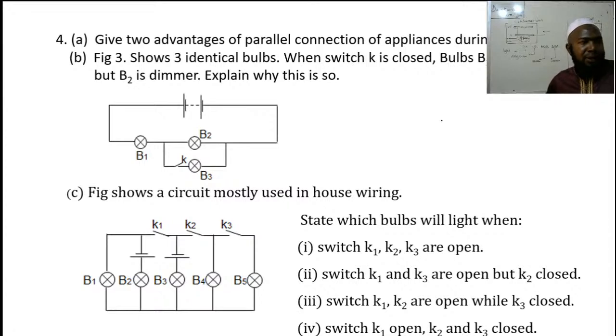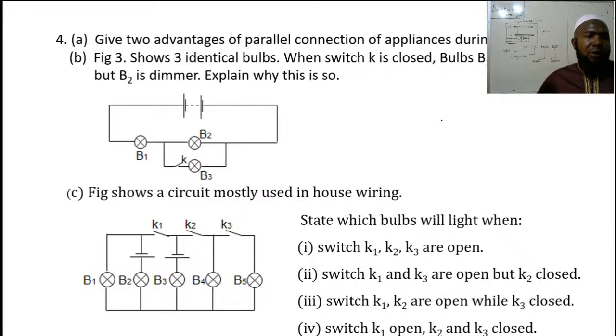Part C, figure shows the circuit mostly used in house wiring. In house wiring, there are no calculations, just explanations of how things are done. State which bulbs will light when switch K1, K2, and K3 are all open. Roman 2, switch K1, K2 are open while K3 closed.